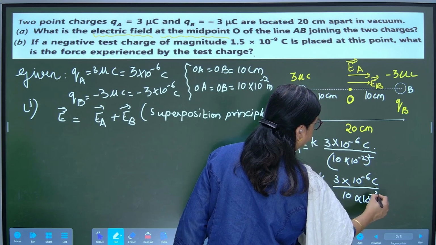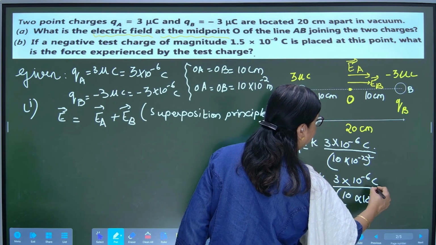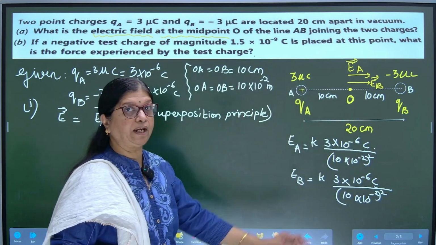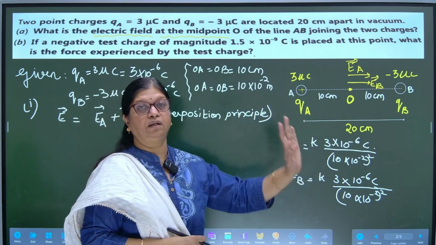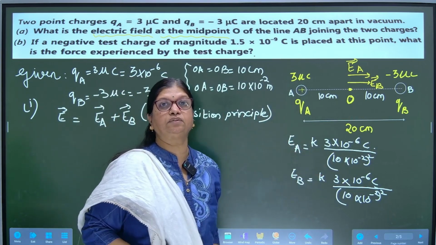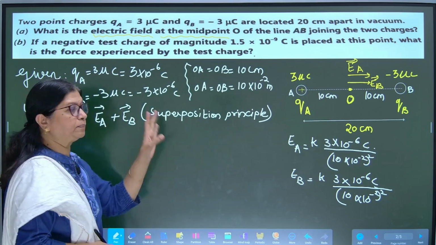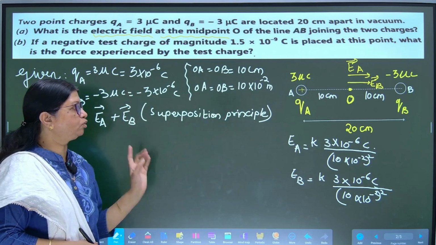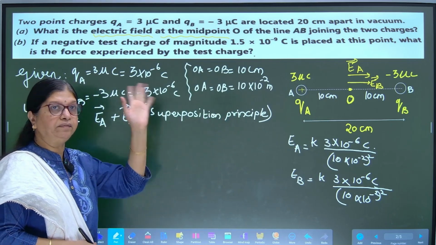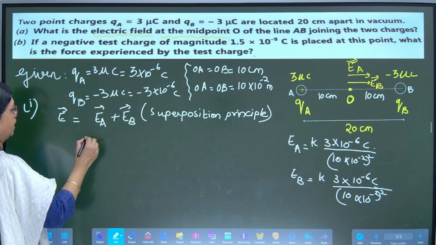As I already told you, don't worry about the negative symbol. We have decided the directions. While writing, never use the negative symbol. The direction will decide whether I have to add or subtract. Direction is the same, so I have to add. So what is my answer?